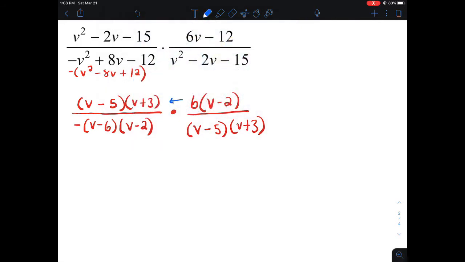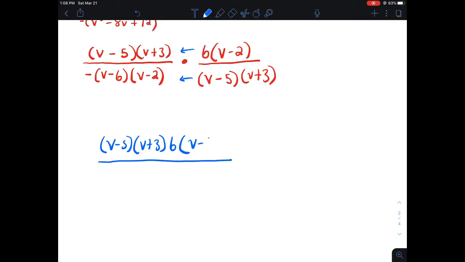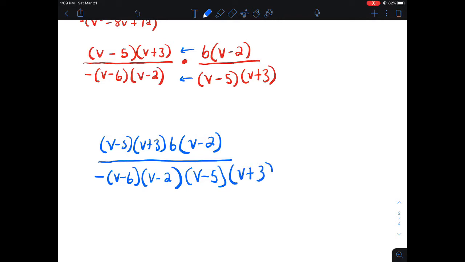So I'm multiplying top to top, bottom to bottom, and I put all that together, and my problem becomes I have v minus 5 times v plus 3 times 6 times v minus 2 over negative v minus 6 times v minus 2 times v minus 5 times v plus 3. So I did the multiplication part.